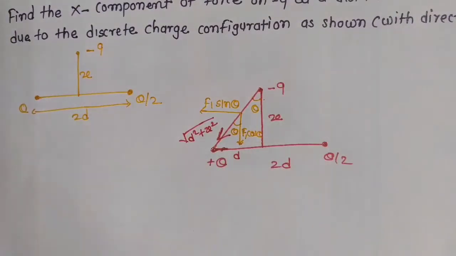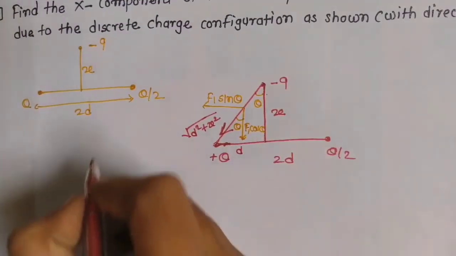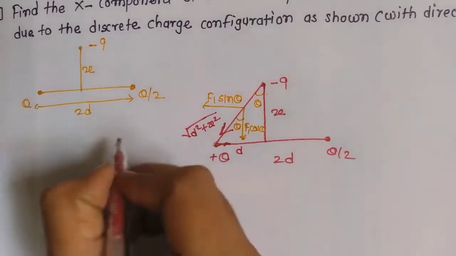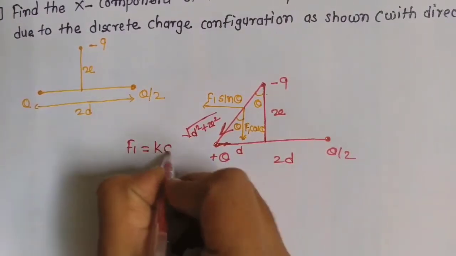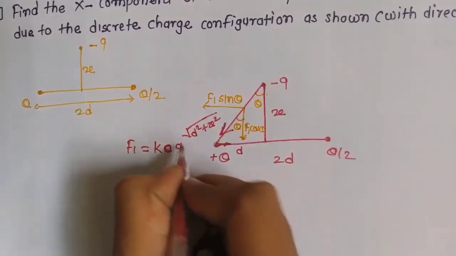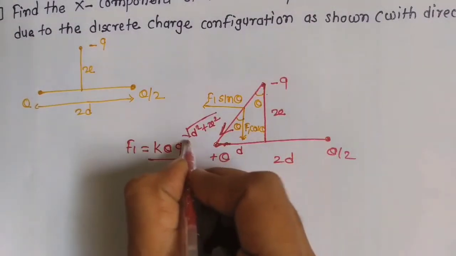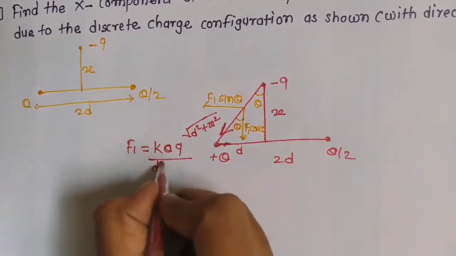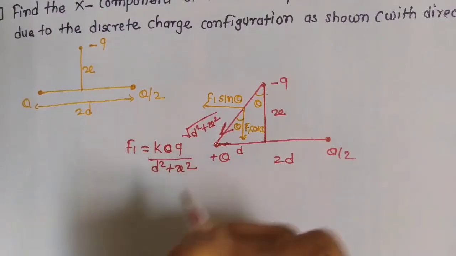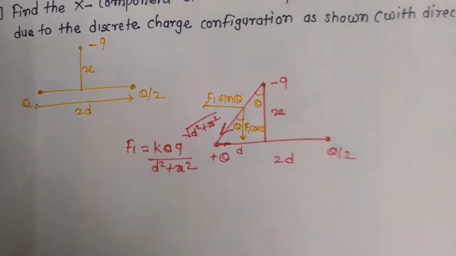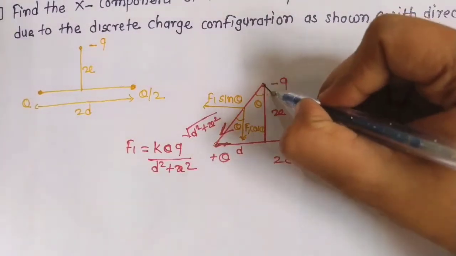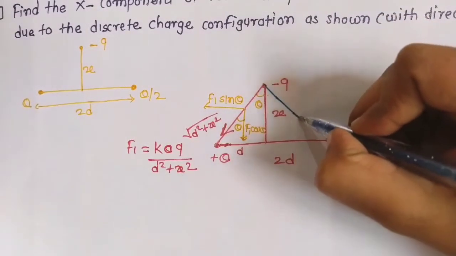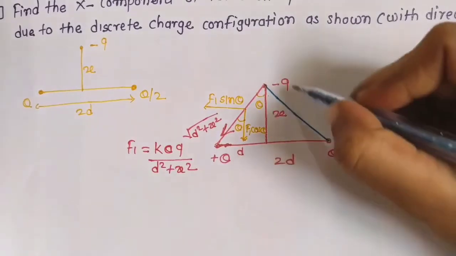Then the force exerted due to this charge is F1 is equal to K, this charge q into q upon the square of the distance, that is d square plus x square. This is F1.